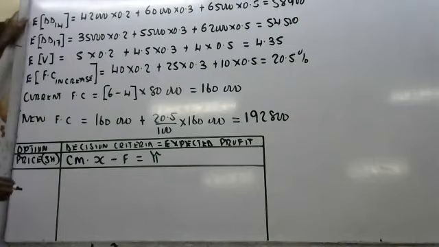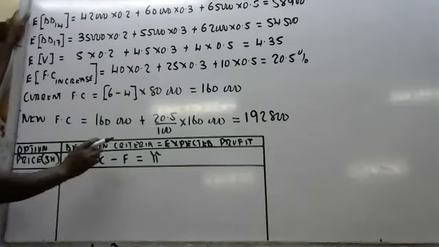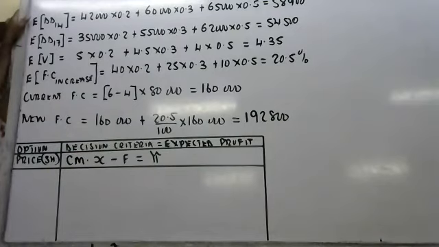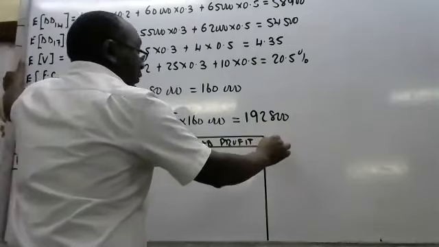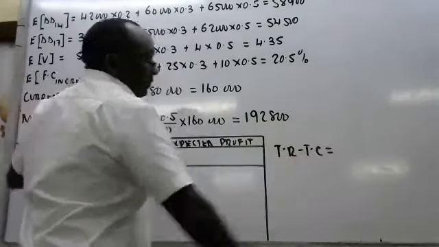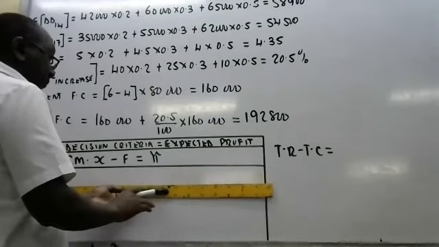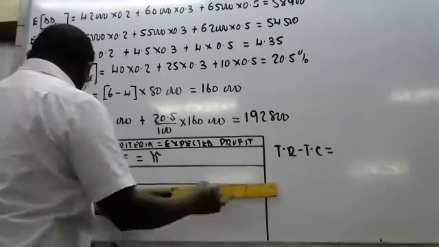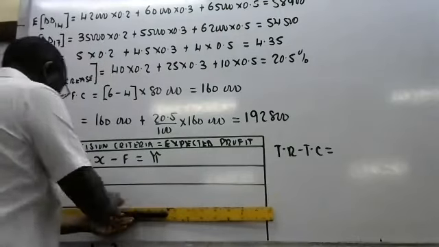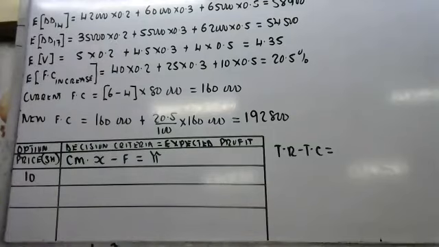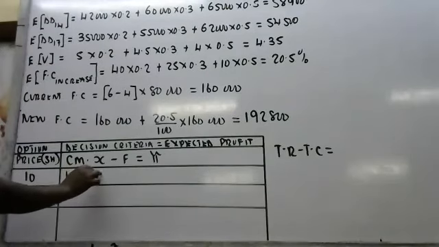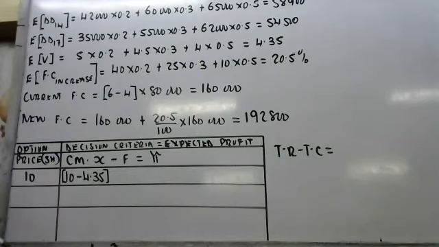Okay, let's continue. I was saying, the formula, we know the CVP very well. And if you don't want this one, then use the ordinary one: total revenue minus total cost. Now, at a price of 10, contribution margin will be 10 minus the variable cost of 4.35, multiplied by the units.